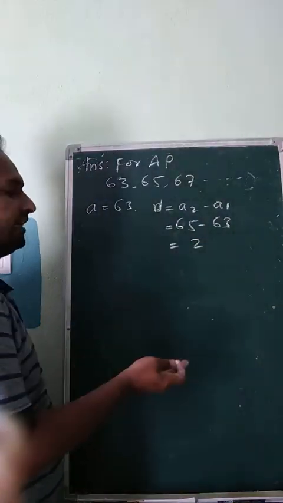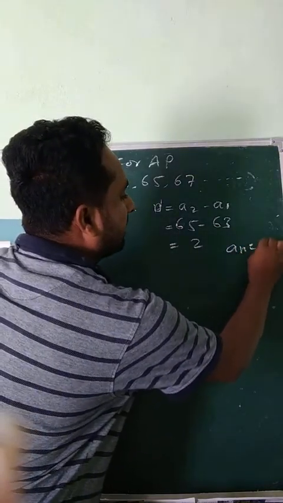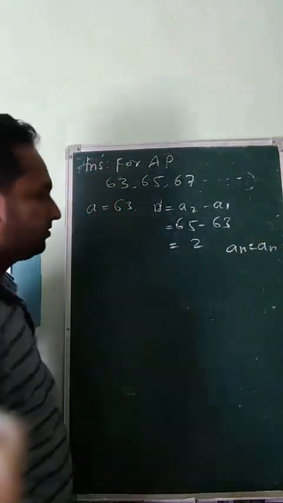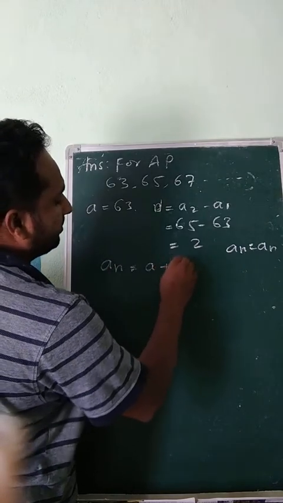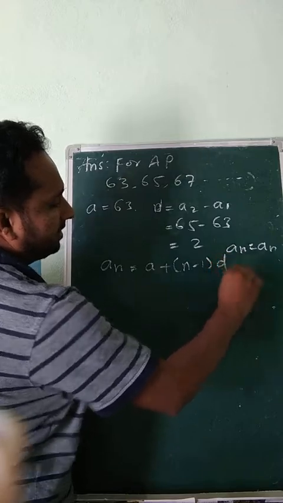Now see, they have given that both nth terms are equal. Then what is the nth term formula? an is equal to a plus (n minus 1) into d.